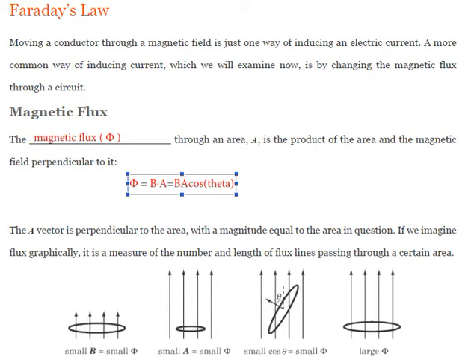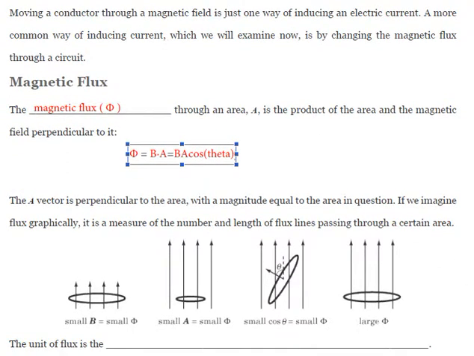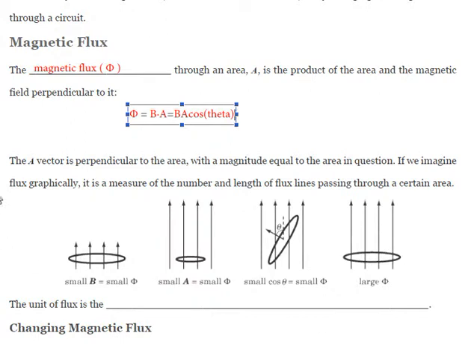And these pictures down below help us understand that a little better. So the area vector is perpendicular to the area. So that means if we have this loop here, its area vector would point straight out, so it would be pointing up along with the magnetic field. The magnitude of the area vector is just equal to however big the area is.